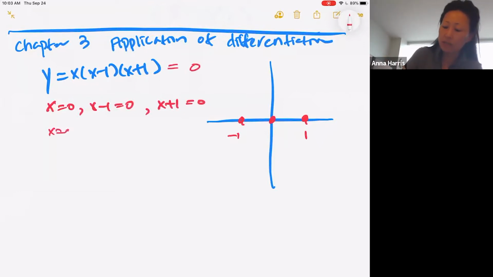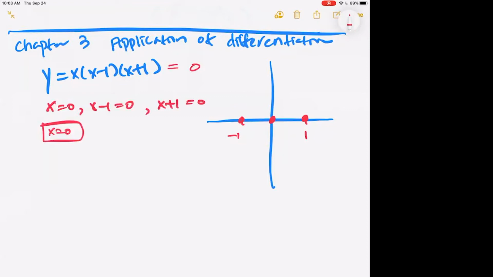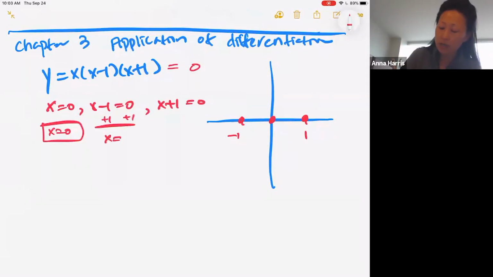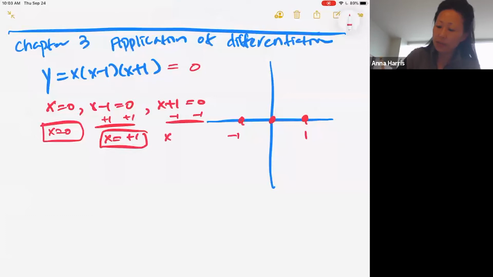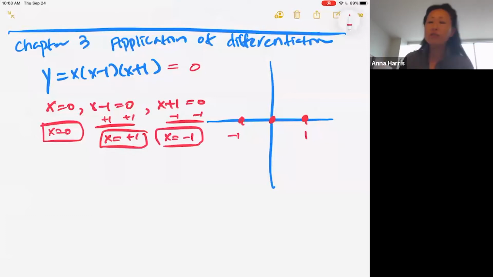So x equal to 0 is the first solution. The second solution would be 1: you add 1 to x minus 1 and you get x equal to 1. Subtract 1 from x plus 1 and I get x equal to -1. That's my third solution. So I put the 3 dots: -1, 0, and 1.